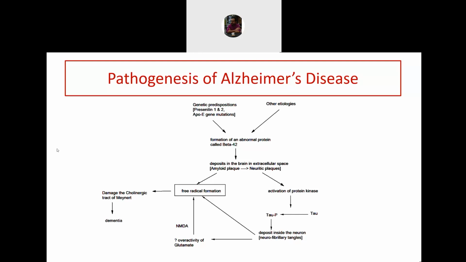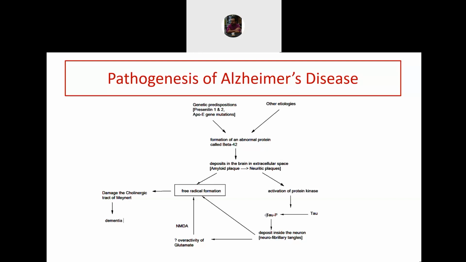So there are some genetic predispositions and some other etiologies. They cause formation of an abnormal protein called beta 42, and this beta 42 joins to form an amyloid plaque, also known as neuritic plaque, which are very huge protein aggregates. These neuritic plaques cause protein kinase activation and phosphorylation of a protein known as tau.